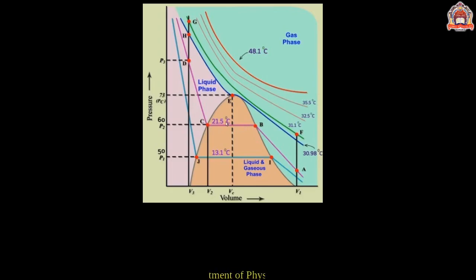So this C to B line is smaller, indicating that the difference between the volume of saturated vapors and the liquid is not very large.